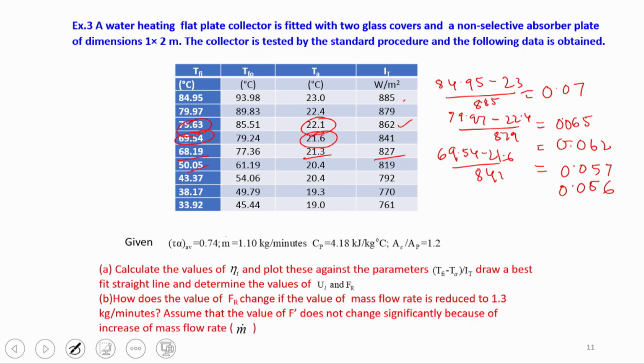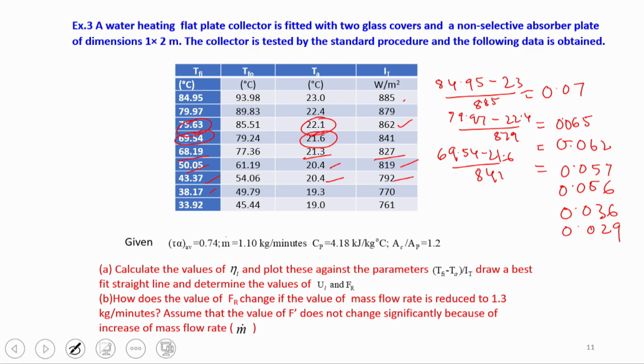Then this, and this one: 43 minus 20.4, divided by 792. 0.0292.